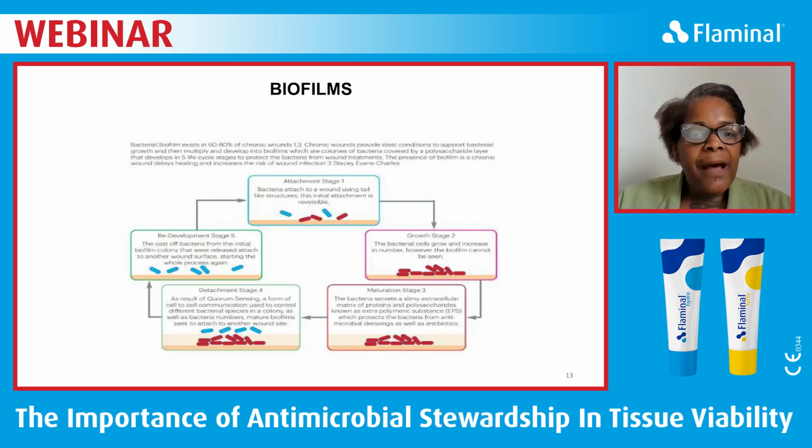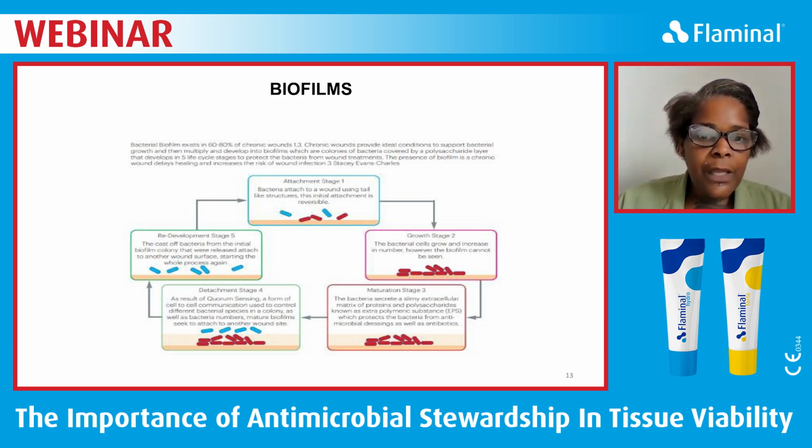Biofilms. Biofilms are bacteria that colonize and cause long-term chronic wound presentation. They occur in 5 stages, as you can see from this diagram, and in particular, they affect chronic wounds and prevent these wounds from healing, keeping them stuck in the inflammatory state.